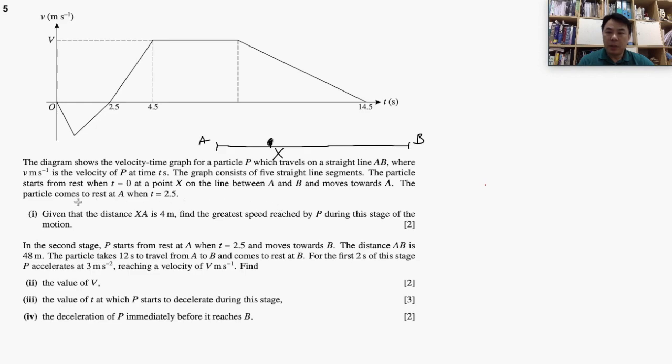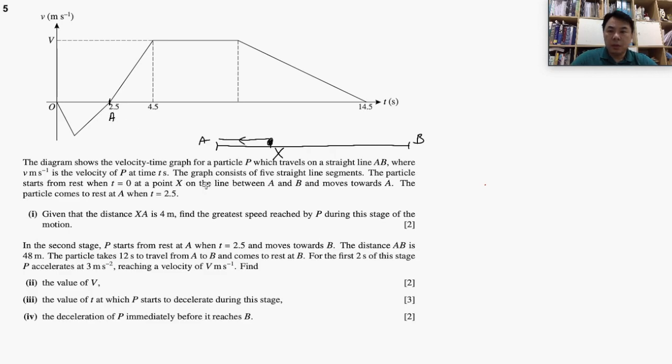The particle starts from rest at t equal to 0 at a point X here between A and B and moves towards A. So it moves towards A, this direction. Now the particle comes to rest at A at t equal to 2.5. But based on the graph itself, you can see that it comes to rest somewhere here, 2.5. So this is position A.